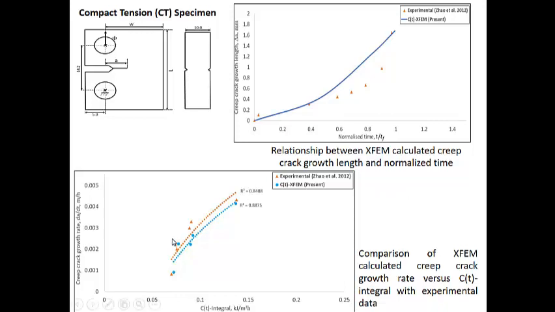The bottom one is the creep crack growth rate, da/dt, versus the C(t) integral. We compare with the experimental result and it shows a similar relationship between both results, with an R-squared value close to 1.